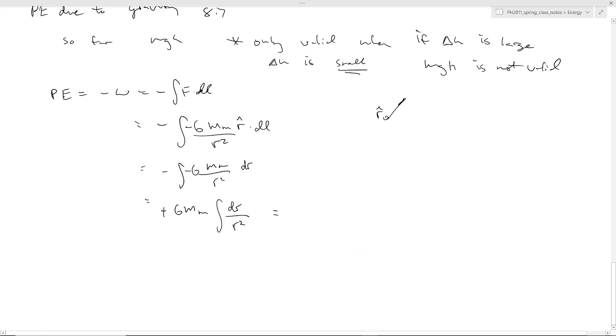You integrate 1 over r squared, that's going to give you negative 1 over r. You may think of it as r to the negative 2 dr. When you integrate that you would add 1, so this becomes r to the negative 1, and then you would pick up also a negative sign.